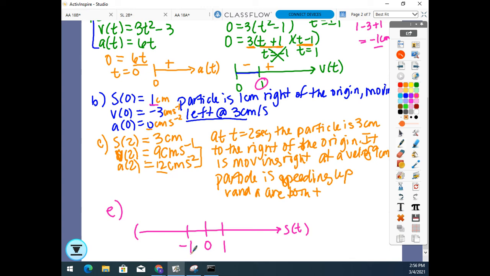All right. So our initial position starts at time 0. I start at 1, and it's negative velocity moving left until I get to -1, because at time 1 it changes direction.